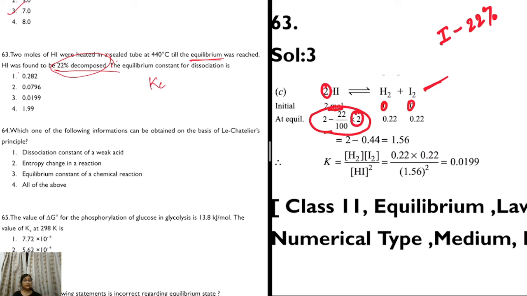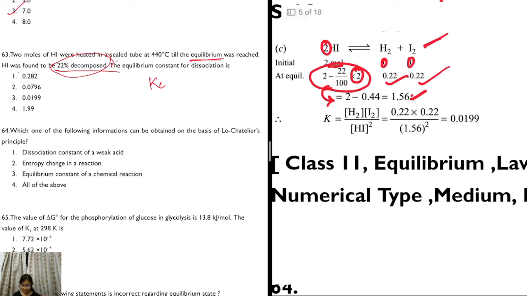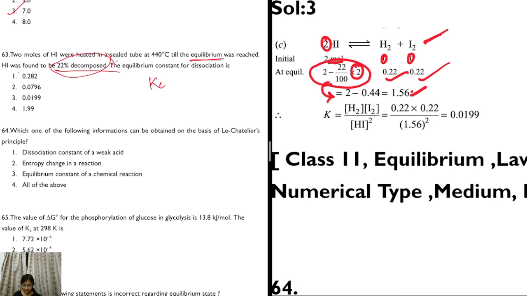And whatever decomposes will only form the products, so 0.22 will be the product for H2 and I2. Upon solving this, we will get 1.56. Now we know how to write the equilibrium constant, concentration of products upon reactants. So upon putting in the values, we will get this answer.